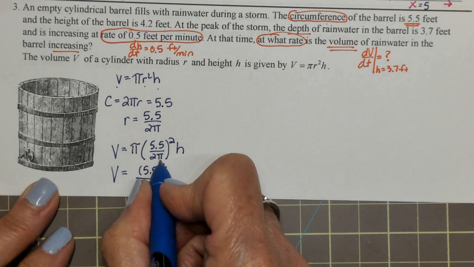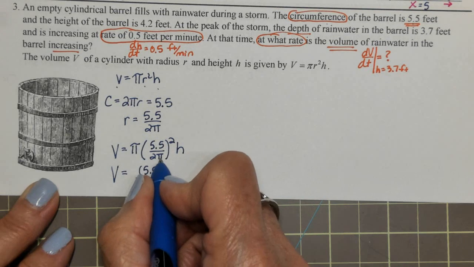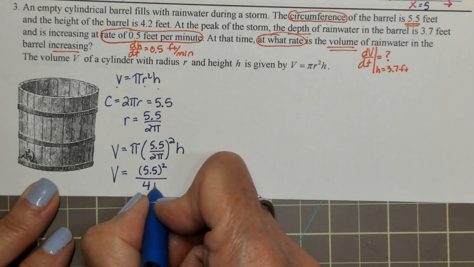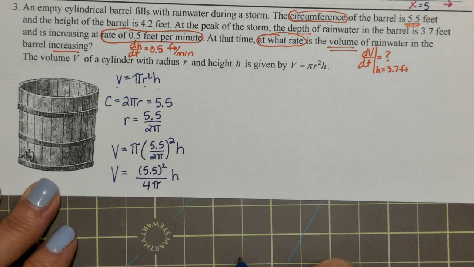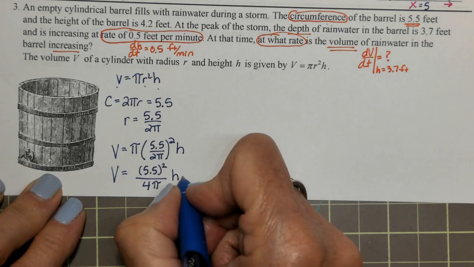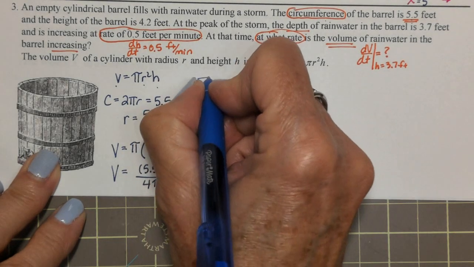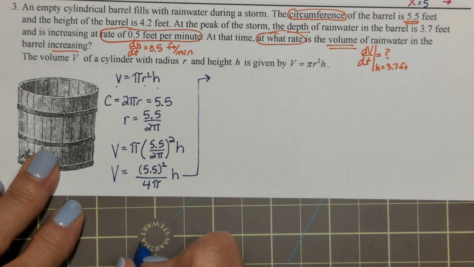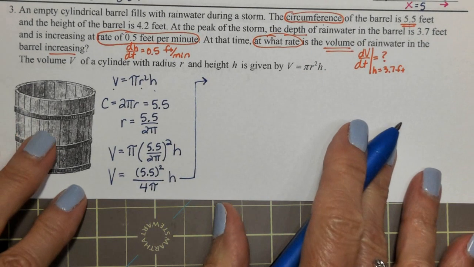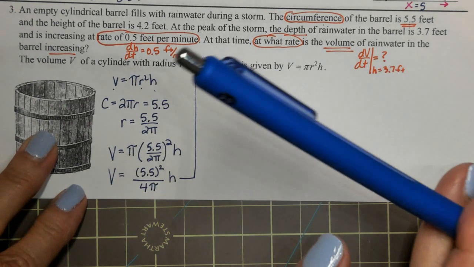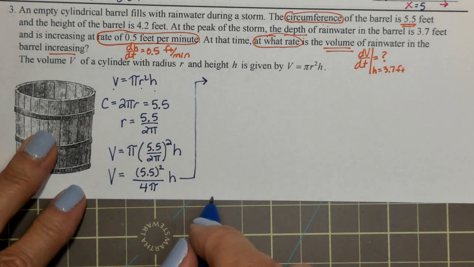This would be pi squared. One of these pi's is going to reduce with that pi, and I'll be left with just a single pi down in my bottom. Okay? I don't have a calculator, so I'm not going to clean that up anymore. Not that I would have to have a calculator for that, but whatever, it's okay.